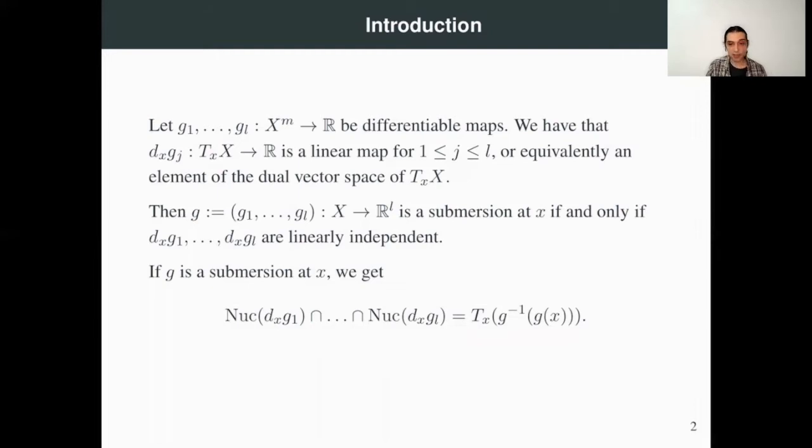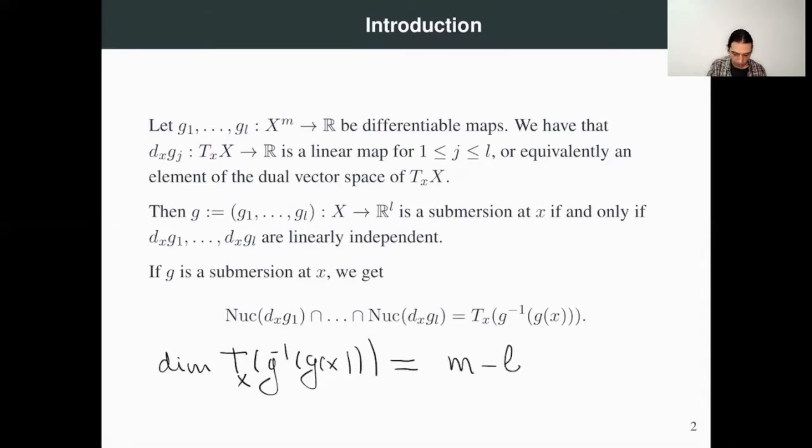Since G is a submersion at the point X, the dimension of the tangent space of the preimage G minus 1 of G of X at the point X is going to be what? We know, because of the properties of submersions, that this linear subspace has codimension equal to L. So the dimension here is actually M minus L.